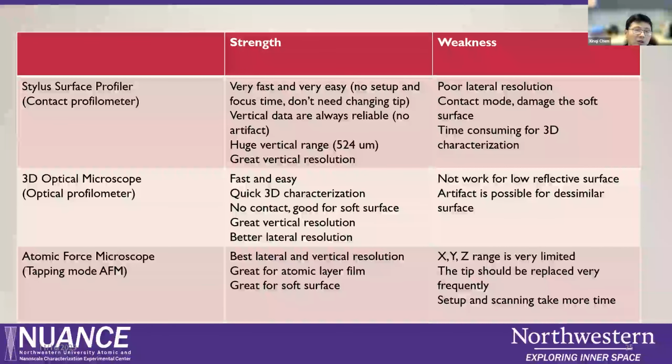This also has a huge vertical range for big samples, big steps, and also a great vertical resolution. But the weakness is poor lateral resolution. It is also a contact mode, and it can damage a soft surface. If you do 3D with this method, it is time consuming.